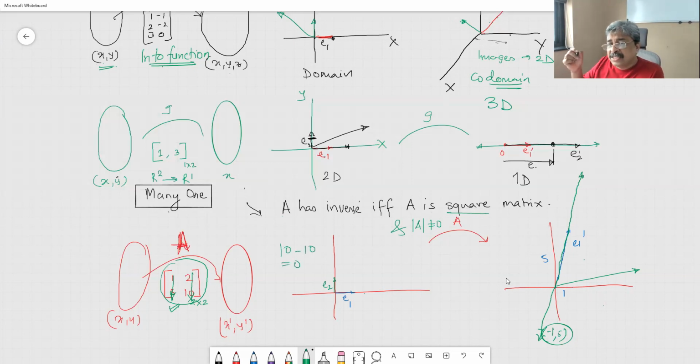So the determinant is a number, but it is telling you what is happening inside the matrix. If the determinant is non-zero, that means a good matrix, linearly independent. For all the vectors, 3, 4, 5, whatever number of vectors you have, if the determinant of that matrix is not equal to 0, that means they are linearly independent vectors in that matrix.